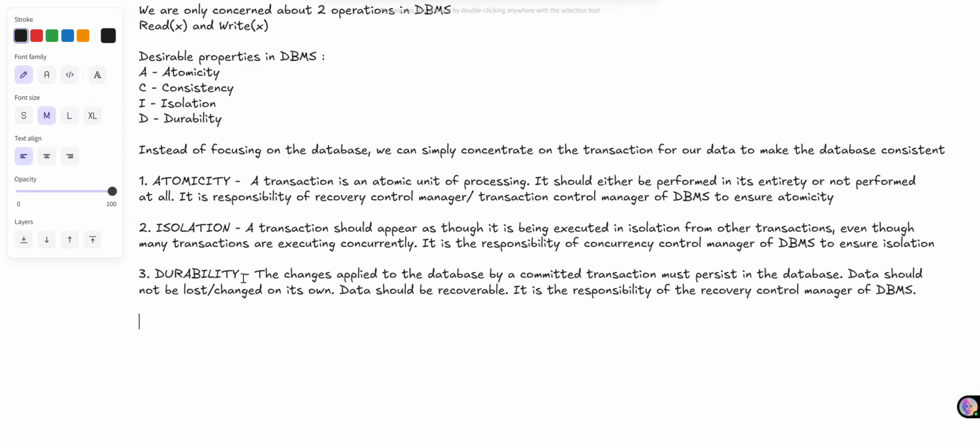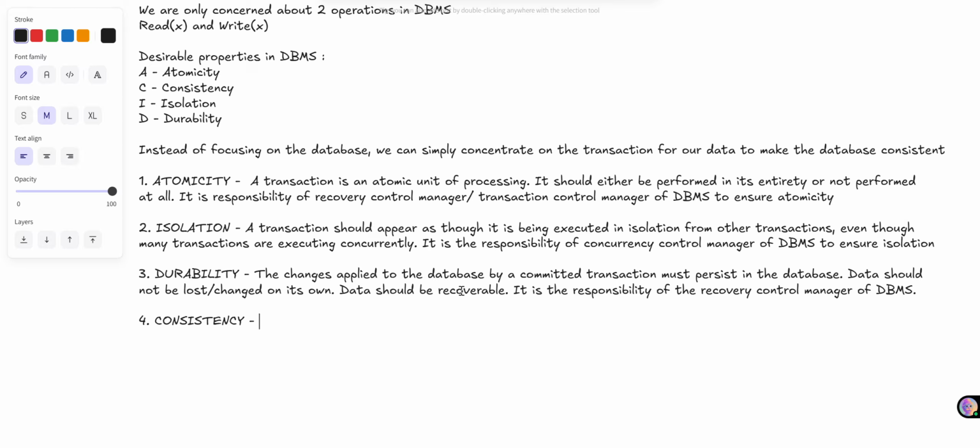Now consistency, obviously. After studying all the above things, we came finally to consistency. So what is consistency first of all? The preservation of consistency is the responsibility of programmers first of all.